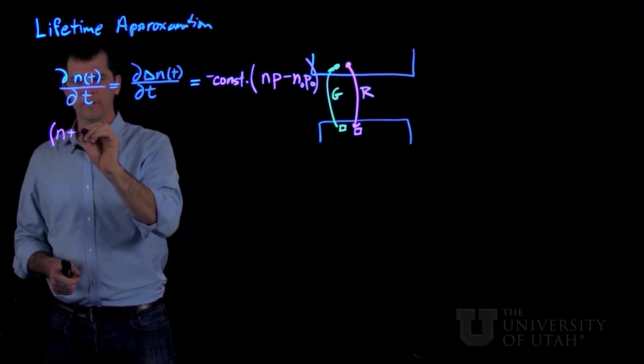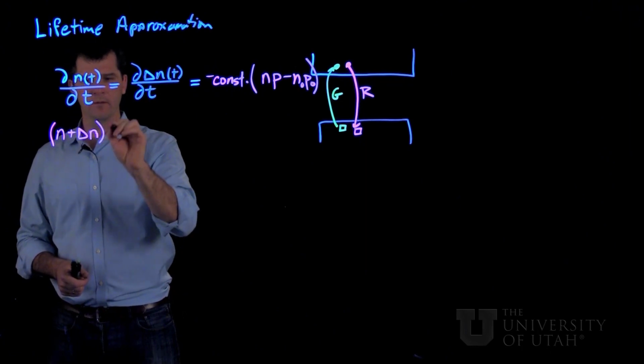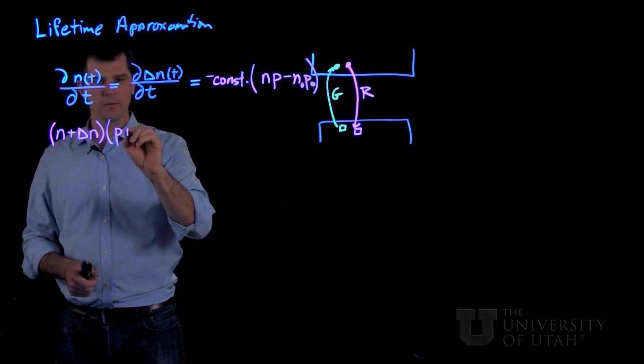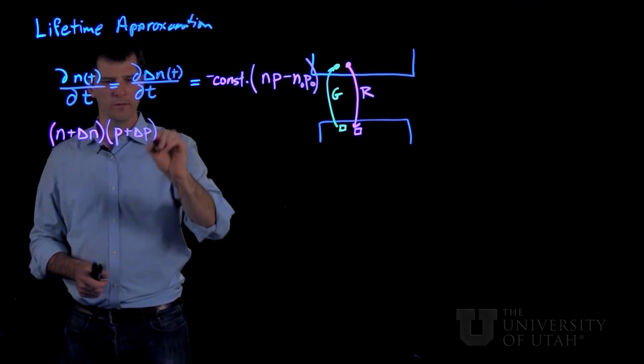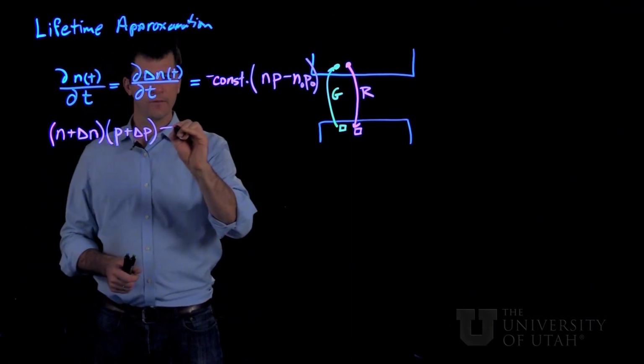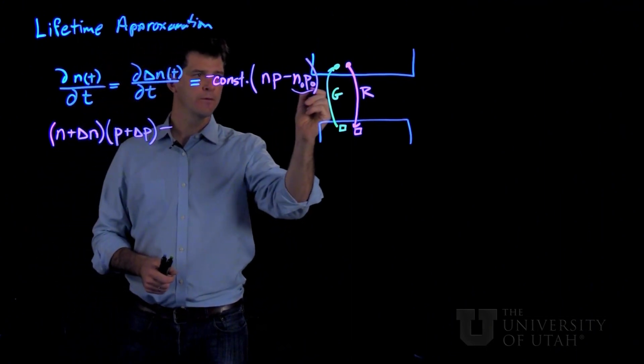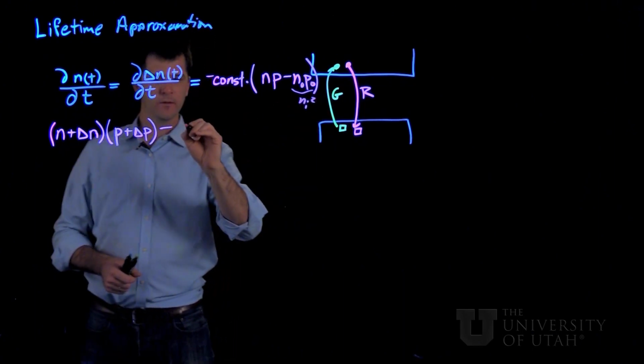So let's expand out these terms and simplify this. So we have n plus delta n times p plus delta p, and then minus n naught p naught, but we know that this is n i squared.